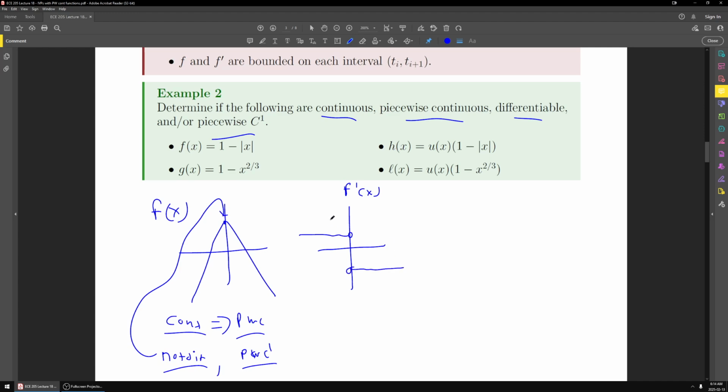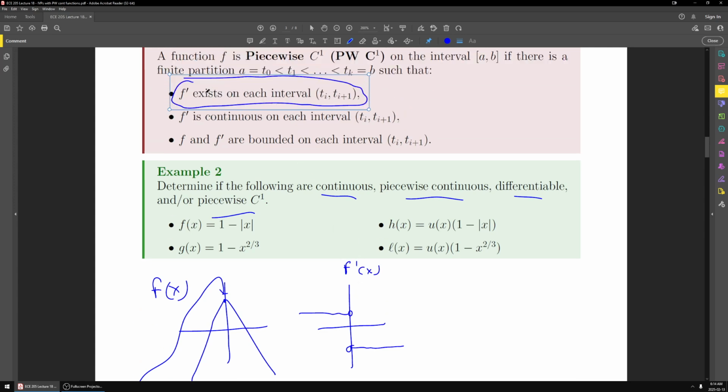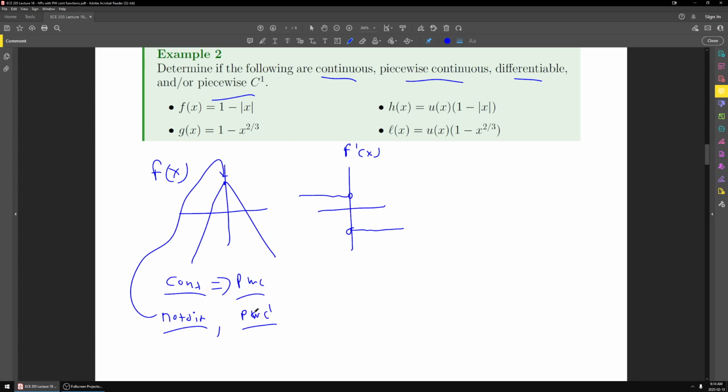So the derivative is defined everywhere but 0, right? So it's continuous on all these intervals. So it's continuous from -infinity to 0, 0 to infinity, right? It exists, continuous, and it's bounded on all those intervals. It's either -1 or 1, right? So because of this, this guy's going to be piecewise C1.